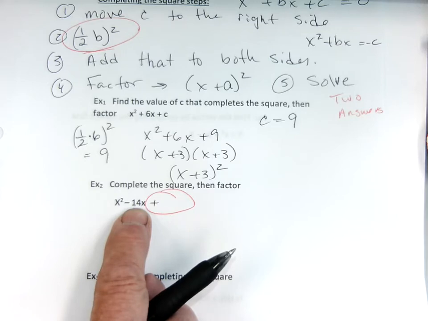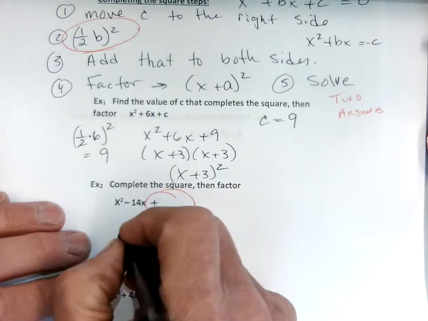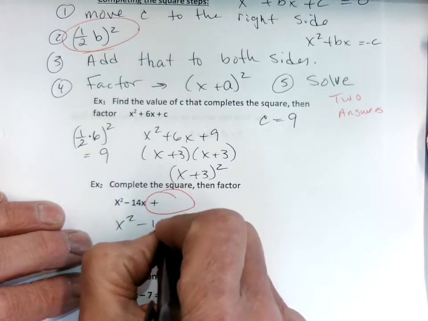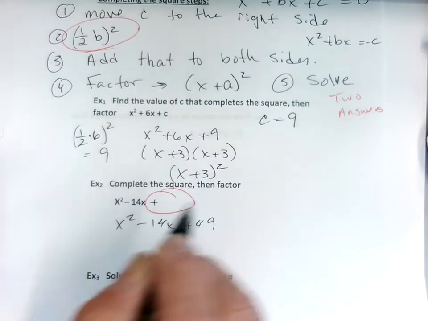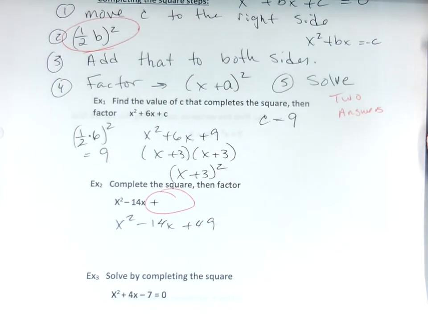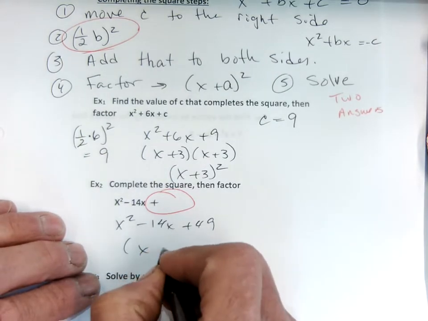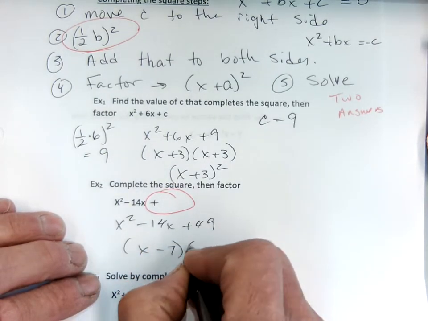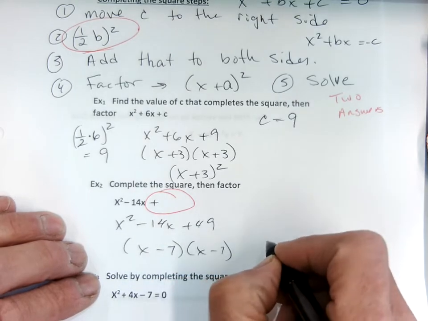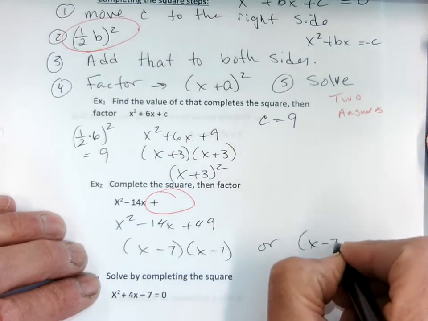What's 7 squared? 49. It's that easy. So I'm going to have x squared minus 14x plus 49. Does that factor? Yeah. It factors into x minus 7, x minus 7, or x minus 7 quantity squared.